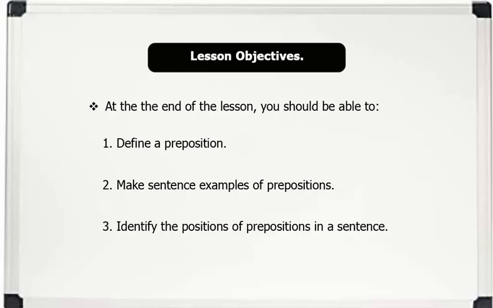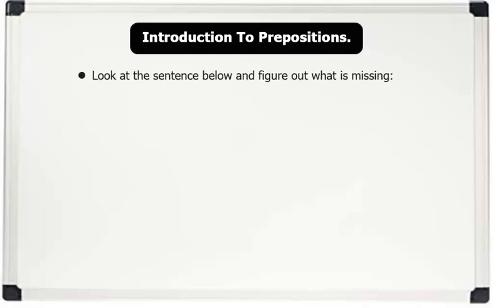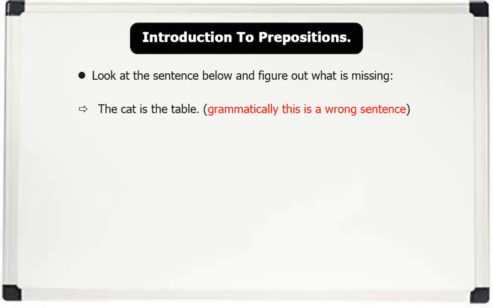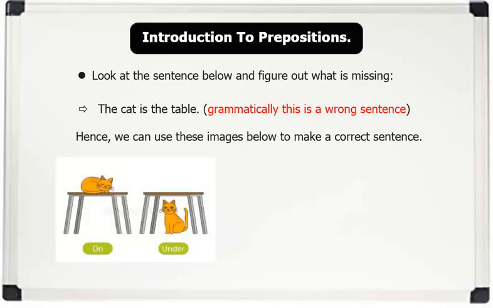Let us go over to Introduction to Prepositions. Look at the sentence below and figure out what is missing. The cat is the table. Grammatically, this is a wrong sentence. Hence, we can use these images below to make a correct sentence.